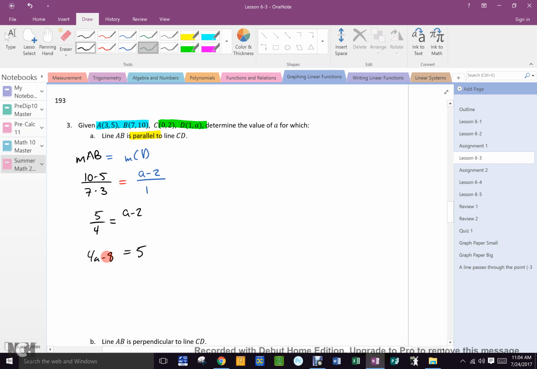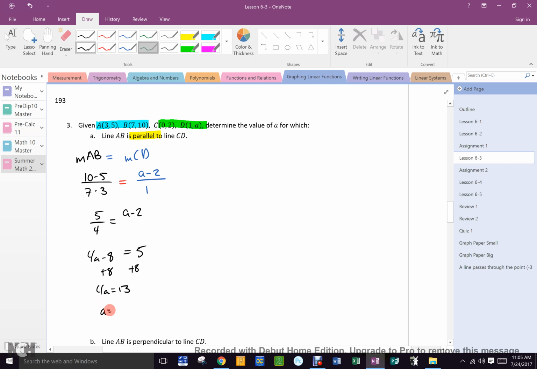What does it mean to solve this? Pardon me? Plus 8, you're doing the steps. You didn't answer the question, but that's okay. 4A equals 13. Now what?